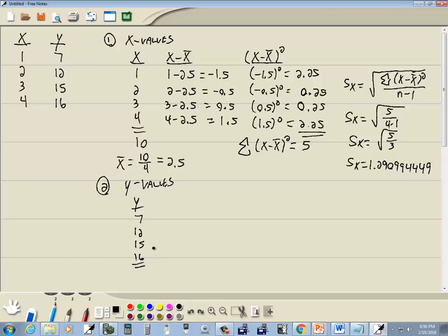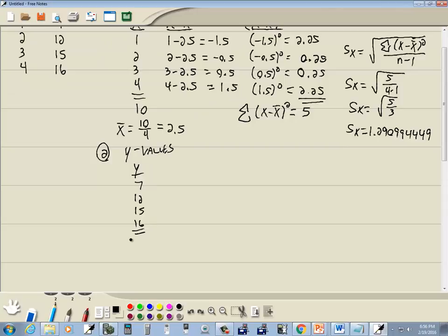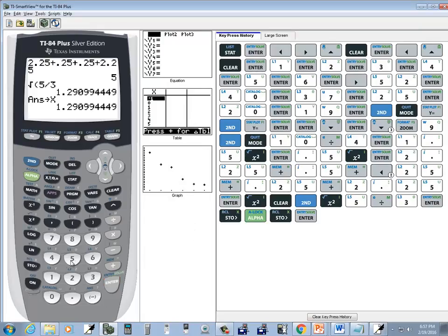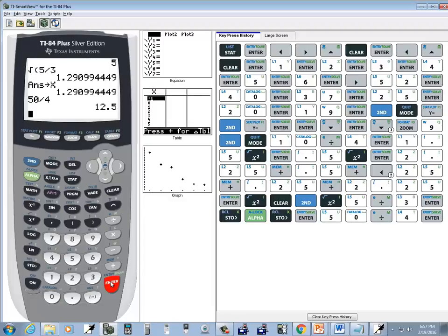We need to find the mean of those, so we're going to add those together. 7 plus 12 is 19, 34, 50. So y bar is going to equal 50 divided by our total count. We've got four numbers. So 50 divided by 4 gives us 12.5.